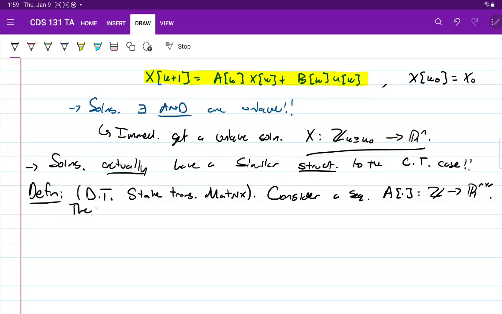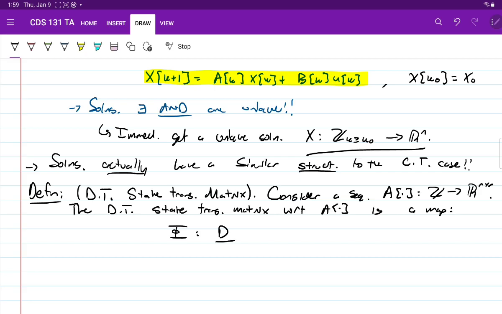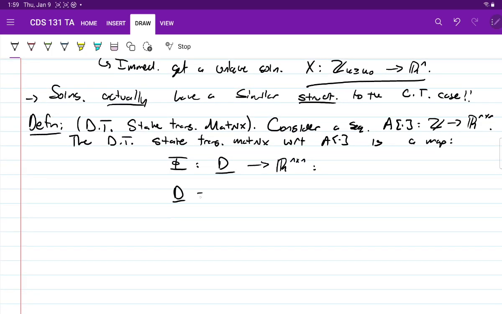The discrete time state transition matrix with respect to A is a map phi, which goes from a domain D into Rn by n, where D is defined as the set of pairs of integers k, k naught in Z cross Z, such that k is greater than or equal to k naught.